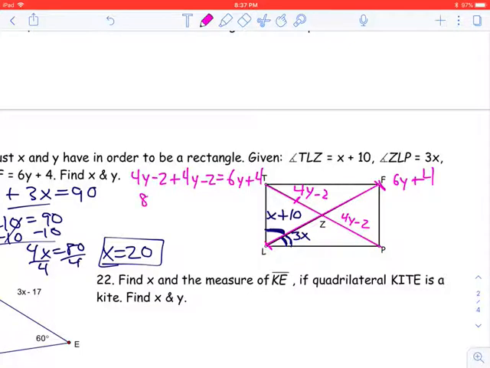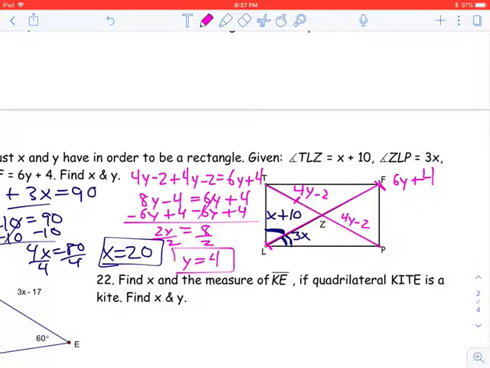Combine like terms, I get 8y minus 4 equals 6y plus 4. Now I can get y on the same side, that gives me 2y, add 4 to the other side, and I get 8. Divide by 2, y equals 4, and that would make it a rectangle.